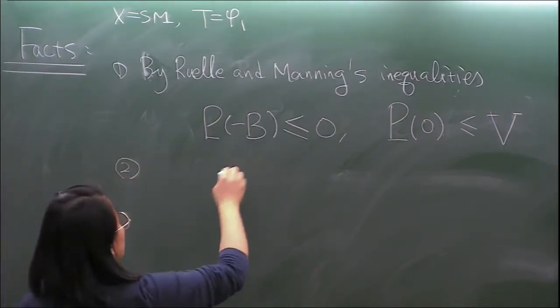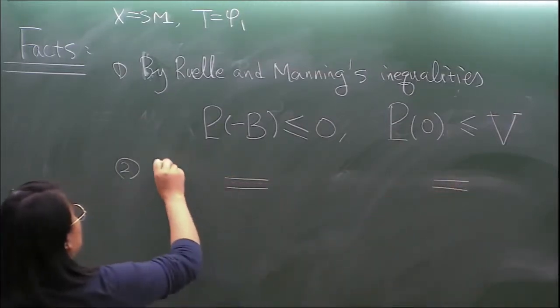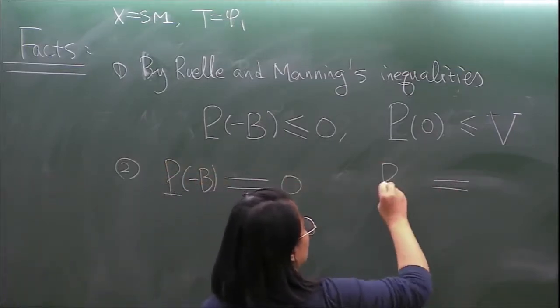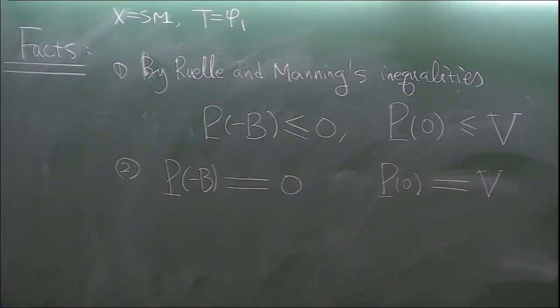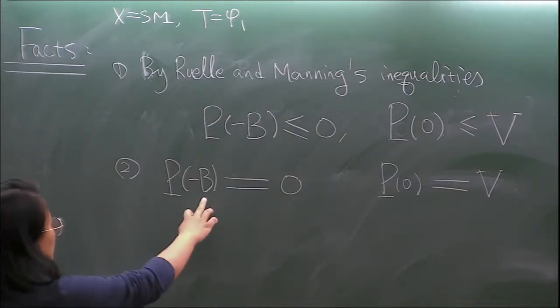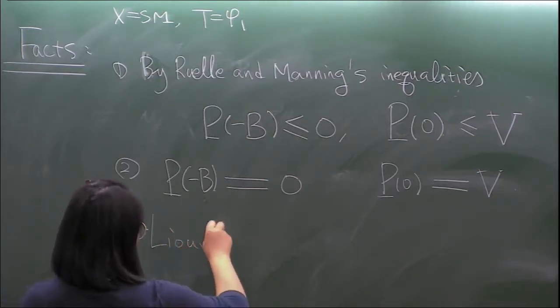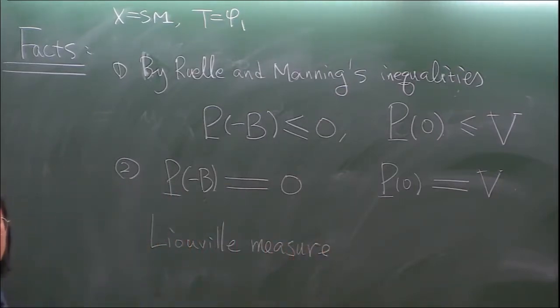The second fact is, I want to say, actually you have equality here. Actually you have this one equals to this. Okay, why? It's because you have equilibrium states in this case. I mean, the supremum can be attained. What is the candidate for this one? Minus B, actually, is the Liouville measure, which is nothing, just the volume.